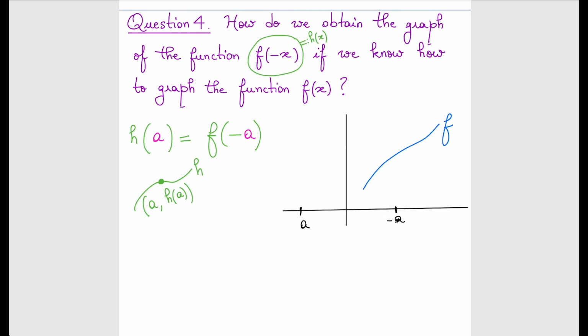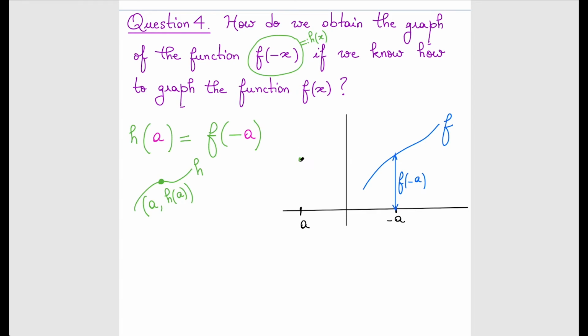If this is a, that's negative a. And what's f of negative a according to the picture? That's f of negative a. This guy. It should be vertical. Probably this is vertical. So this is f of negative a, right? So this height is gonna be exactly what h is gonna produce at a. So the same height, probably here, right?